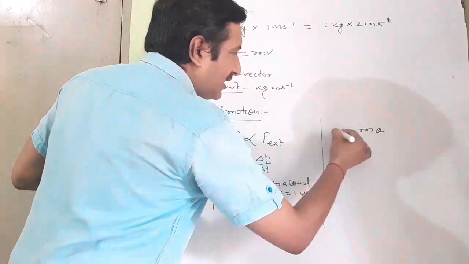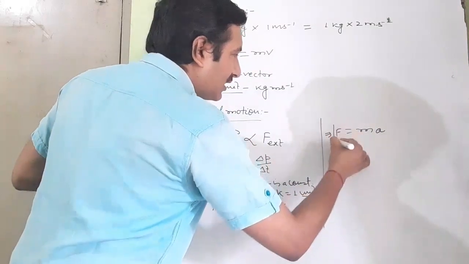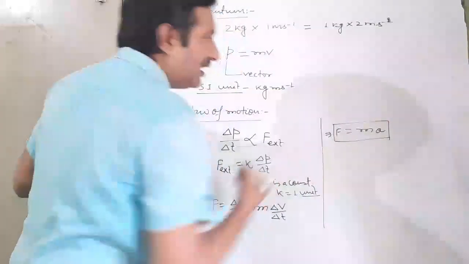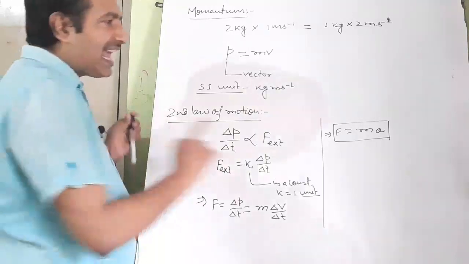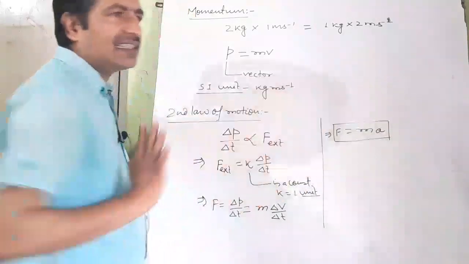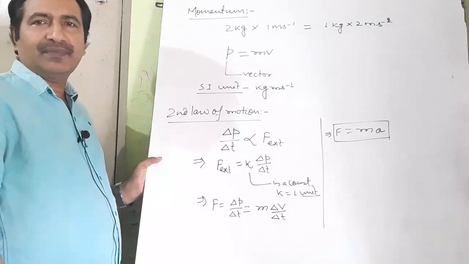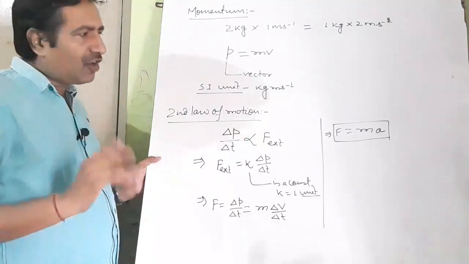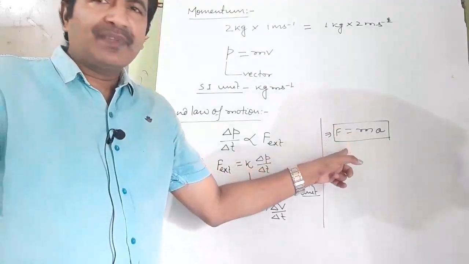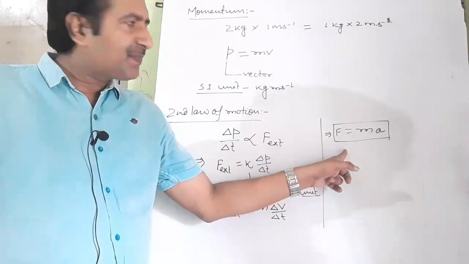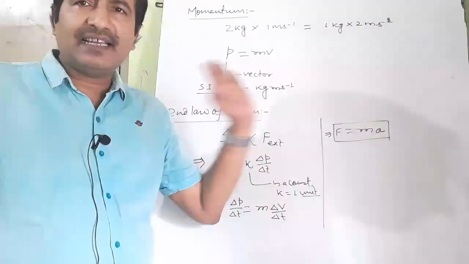So this is ma, means F is equal to ma. And in this way you can measure force as the product of mass and acceleration of the body. So this is the second law of motion. Got it? The second law of motion gives you the measurement of force as the product of mass and acceleration.